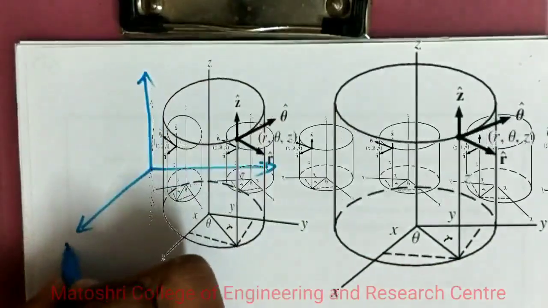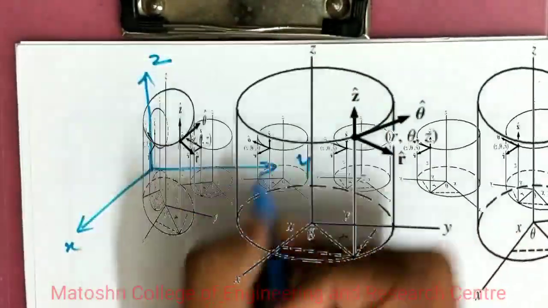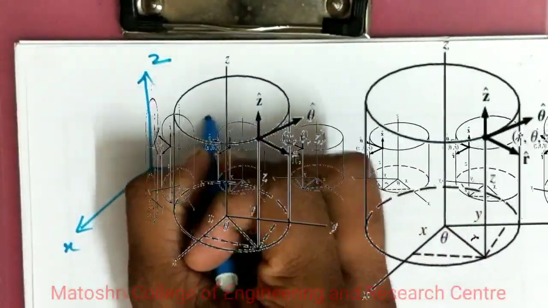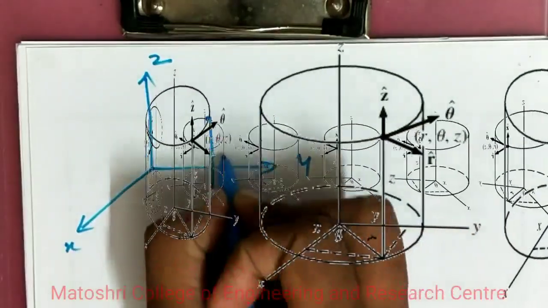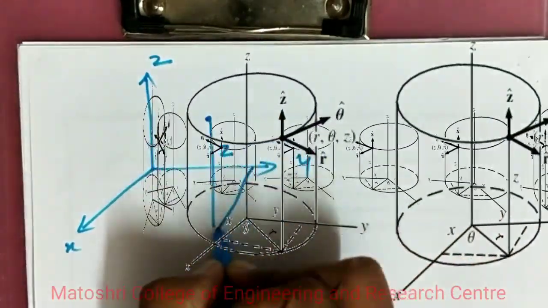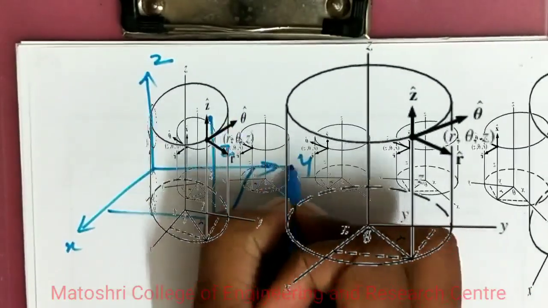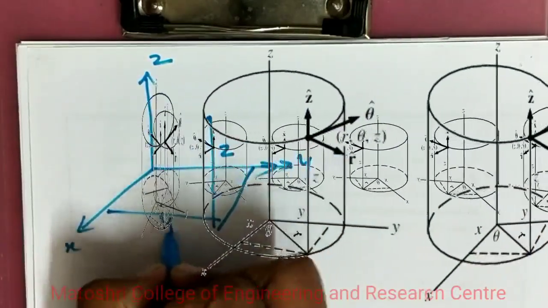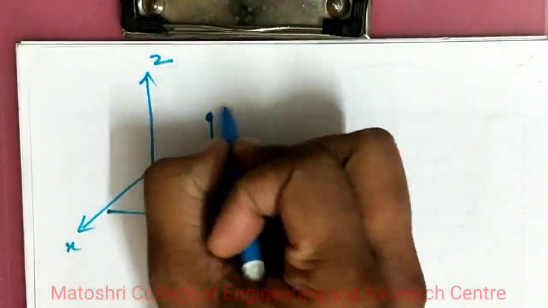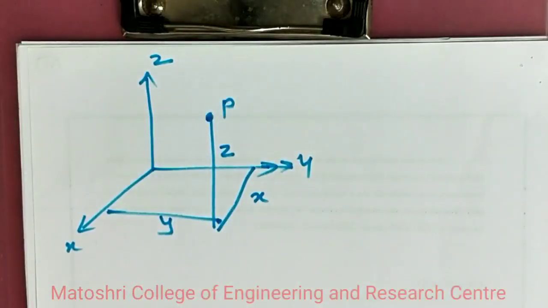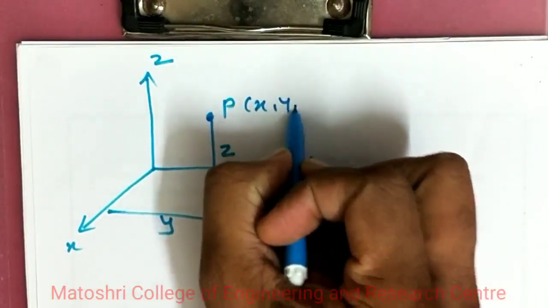These are the three axes x, y and z in the Cartesian coordinate system, and the point P is located over here. The point P will have the height z, then the x and y intercepts. So this is the y coordinate, this is the x coordinate, and this is the location of point P. Point P will have the coordinates x, y and z in the Cartesian system.